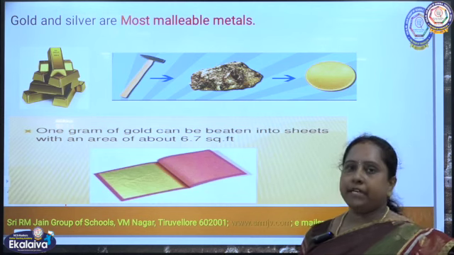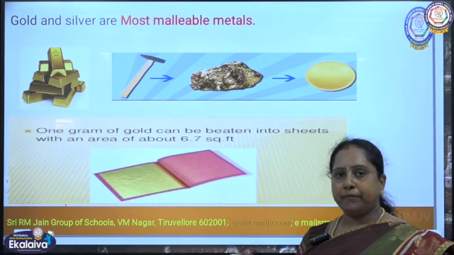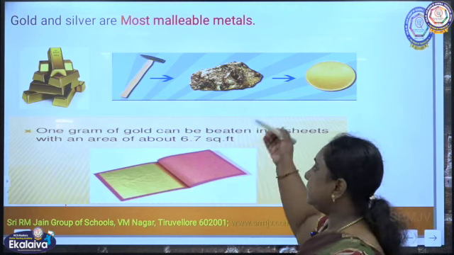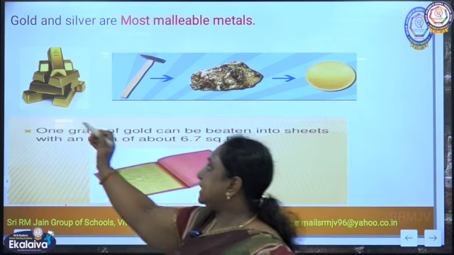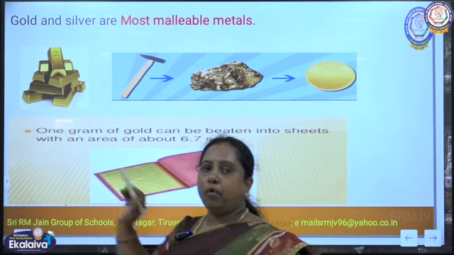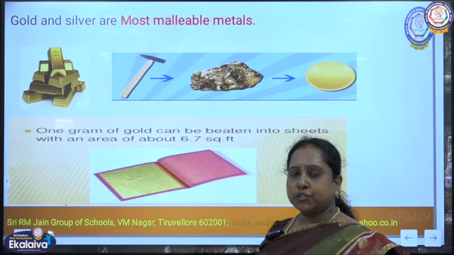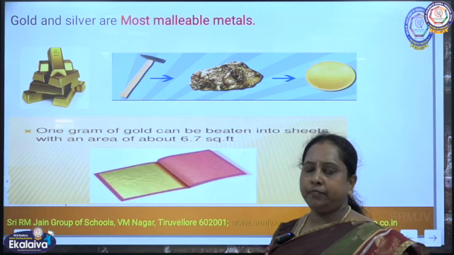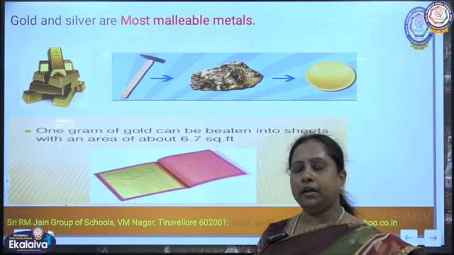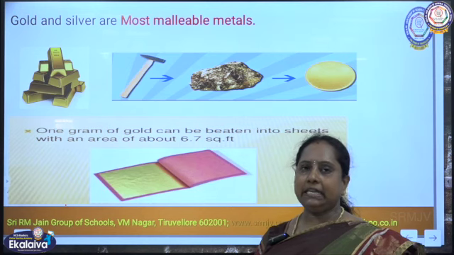And the next property is ductility. Before we go into ductility, let us learn how the metals are made into thin sheets. Let us take gold, which is the most malleable metal. That is why it is used in making ornaments. Ornaments can be made using gold because it is highly malleable.